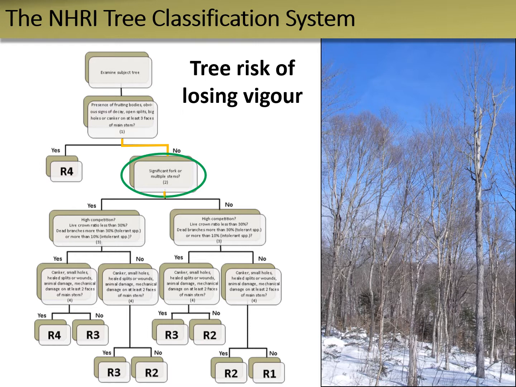The answer is no. Next, is there a high competition or a live-crown ratio of less than 30% or more than 30% of the branches are dead? The answer is yes. Next question, is there a canker, small hole, or split or damage on at least 2 faces? The answer is yes. So it is an R3.